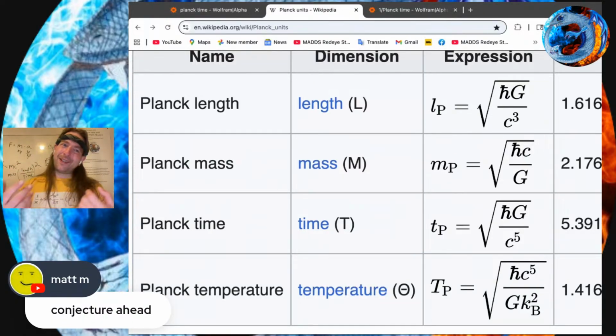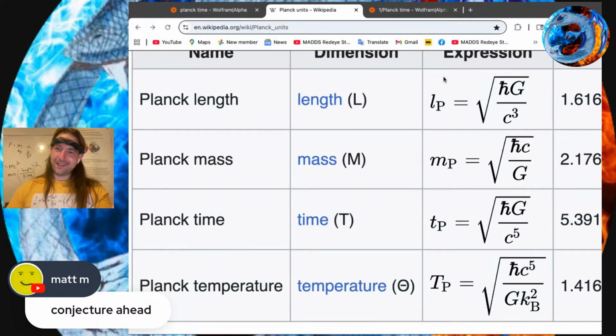Now, those are in different dimensions, but you've got h bar, the one of action, big G, the one of gravitational acceleration, and C, the one of speed. And seeing as these units are made of h bar, G, and C, these yield one.